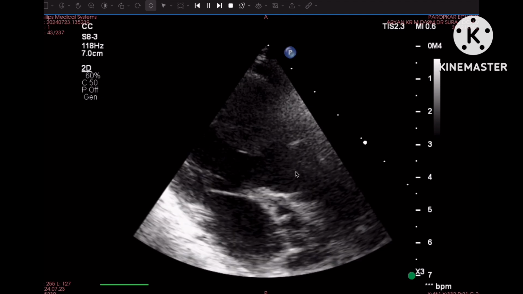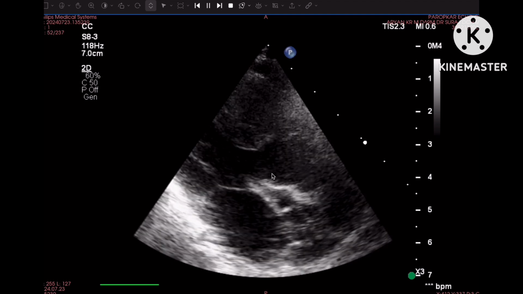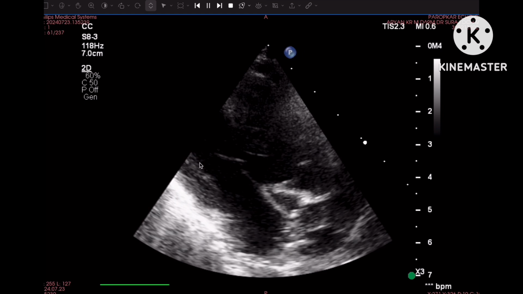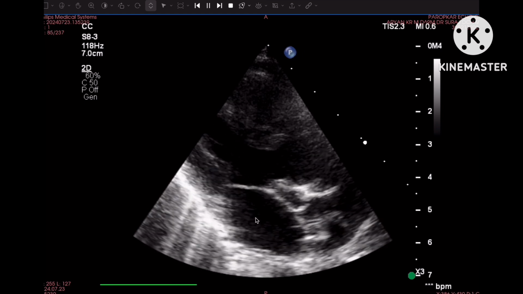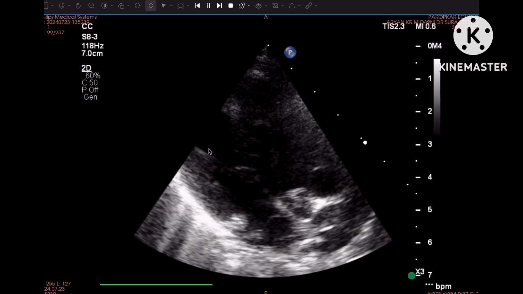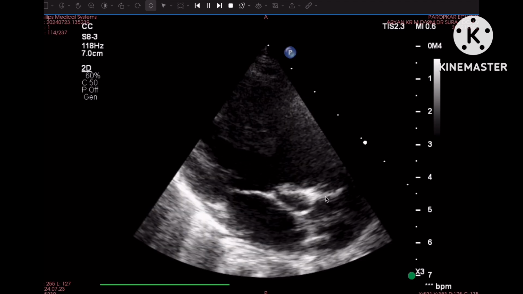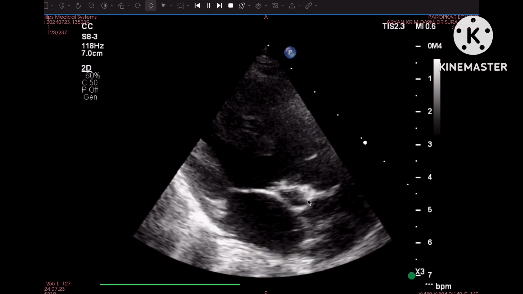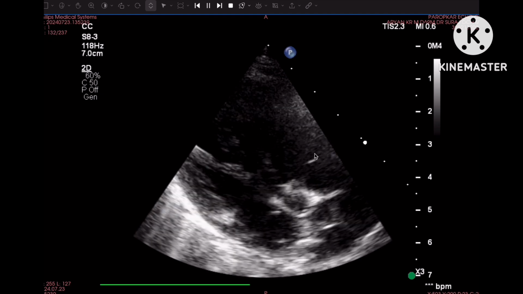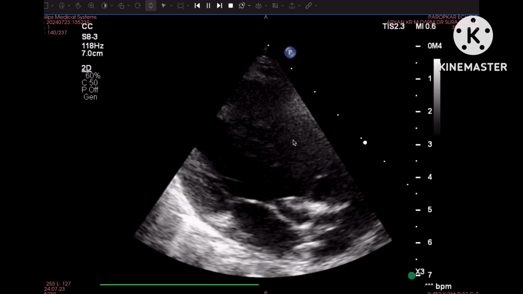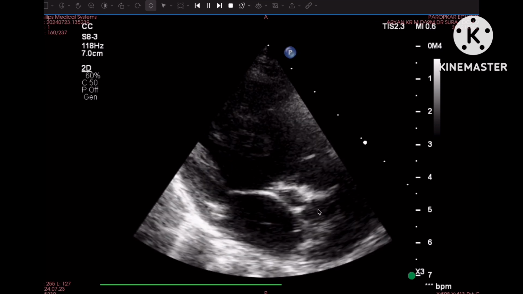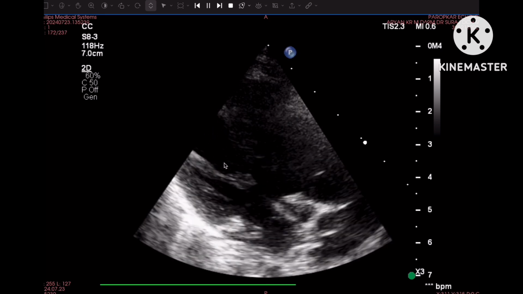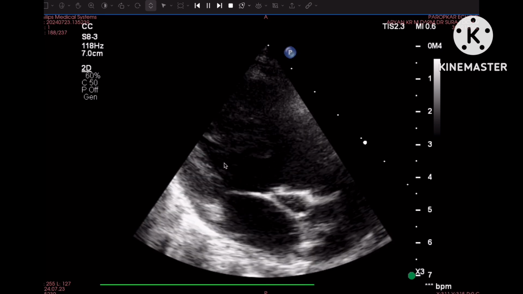That is why we call it D-transposition of great arteries, because there is AV concordance. AV concordance means left atrium to left ventricle and right atrium to right ventricle. And then this aorta is from mainly the right ventricle, and the pulmonary artery is mainly from the left ventricle. So it is called D-transposition of great arteries.